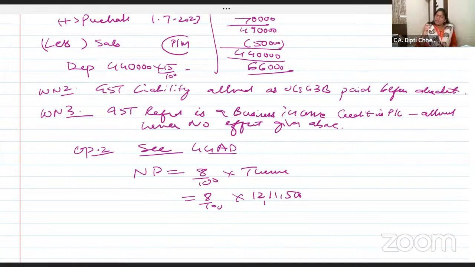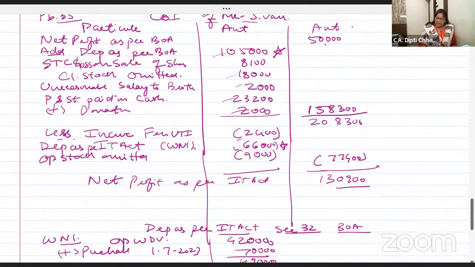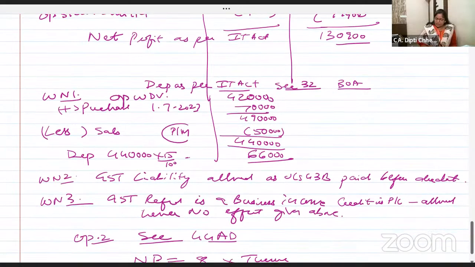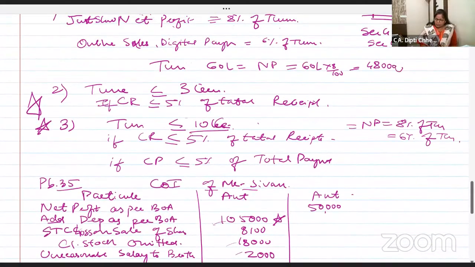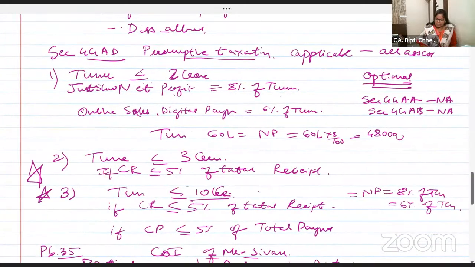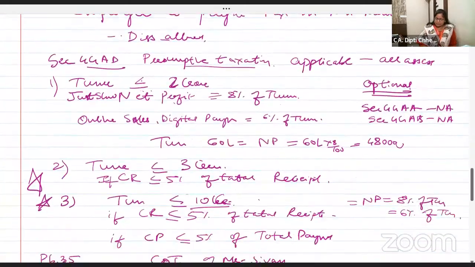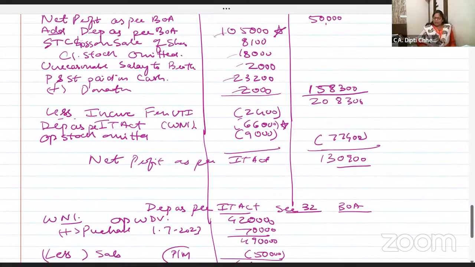Please respond, are you clear? Need a little patience, it is not easy to get problems solved in an online class, provided you all are having printout. 96,920 is your income here, and if you maintain the books, your income is coming to more, ₹1,30,900.